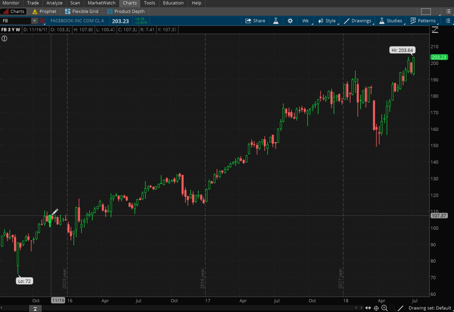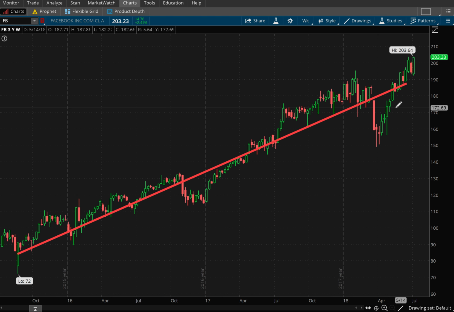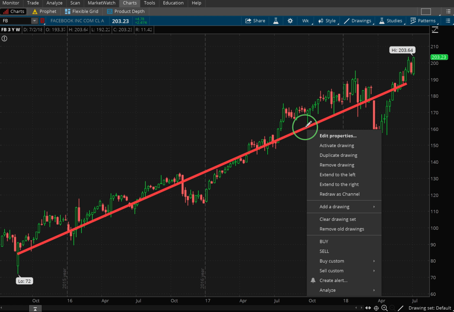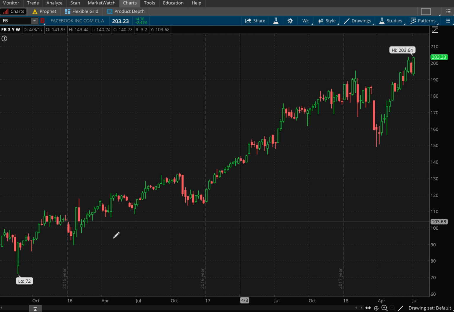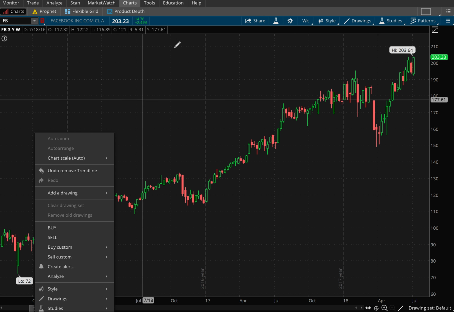Now, why do I know that? Number one, if you just draw a simple line across it, that's one way to look at it, so you see an uptrend. And then the other way we discussed is trying to find higher highs, higher lows.